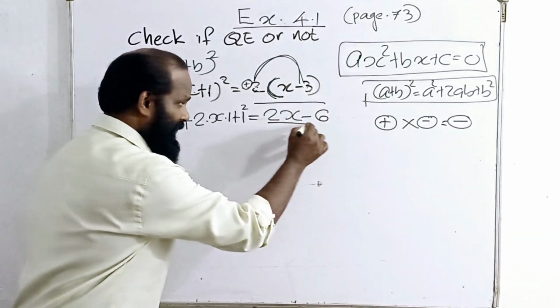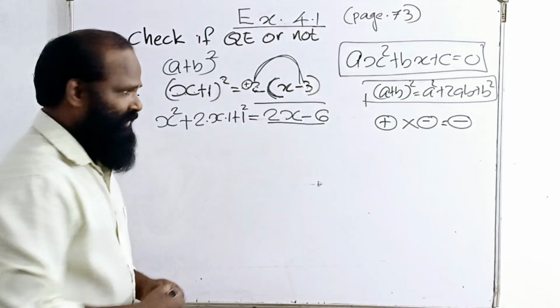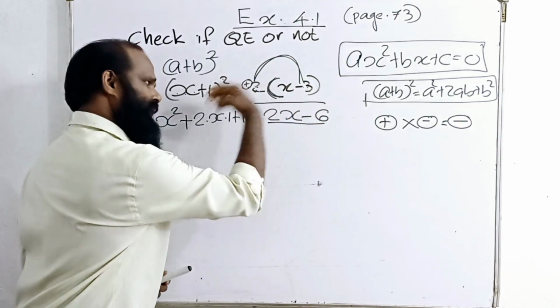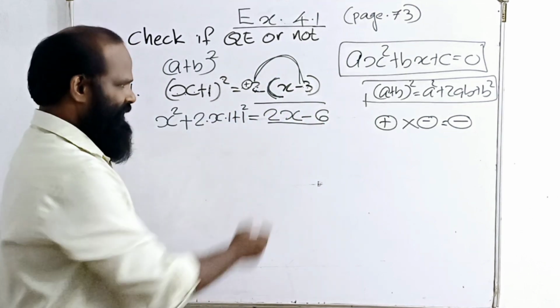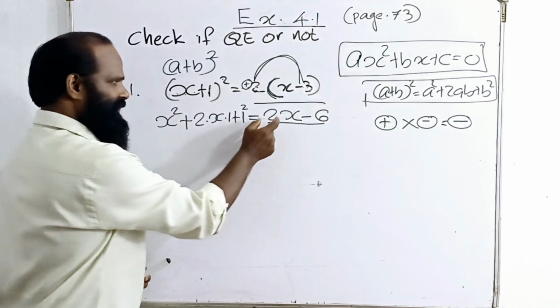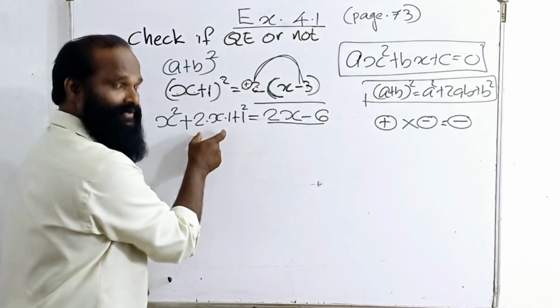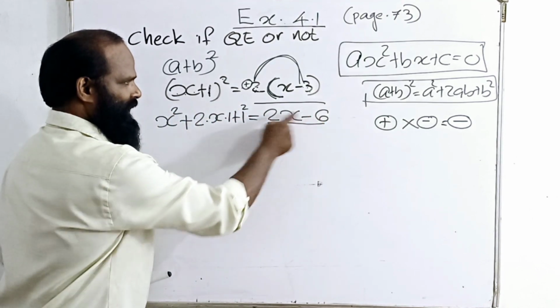The right side should be made 0. That means these terms should be taken to the left side. When they are arranged on the left side, terms with x should be arranged with the terms with x. The constant term should be arranged with the constant term.